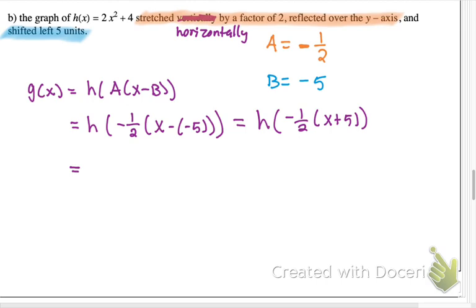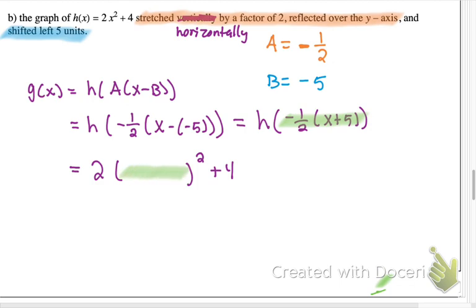So the outputs of h are going to be 2 times whatever our input is squared plus 4. And I'll highlight that input in, let's see, maybe we'll do green this time. Okay, so in the previous step, we had simplified the input to negative 1/2 times x plus 5.